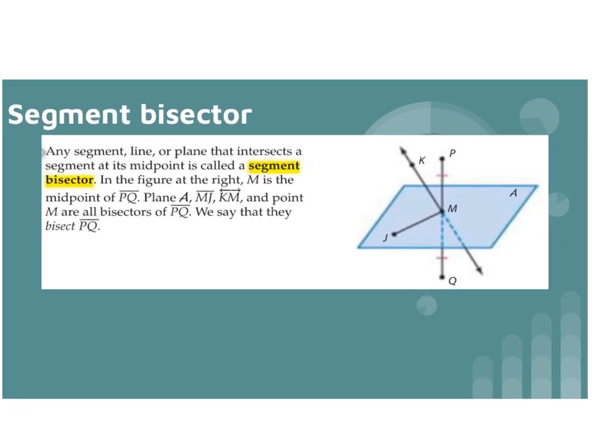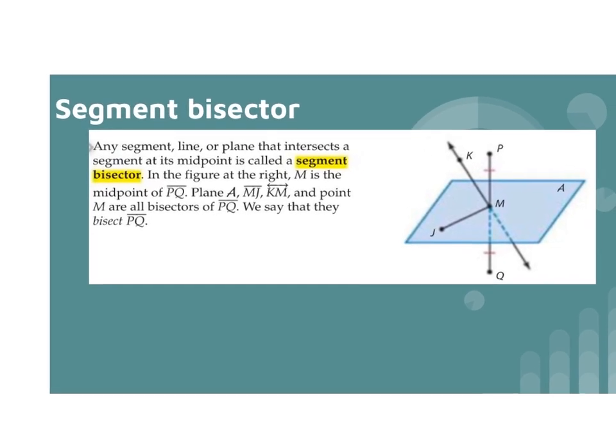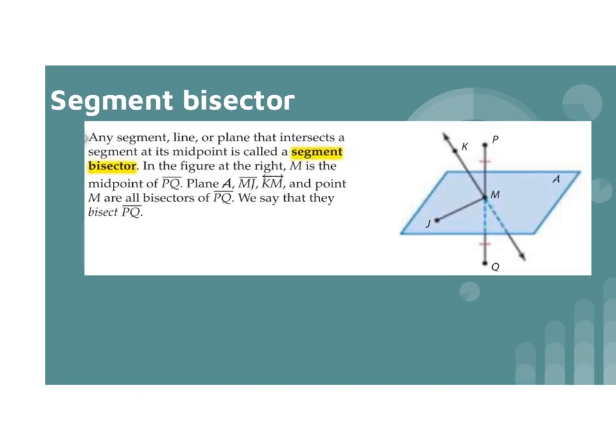One last vocabulary word that we're going to talk about is the segment bisector. So we learned about bisectors last lesson. We learned about angle bisectors. And like angle bisectors, segment bisectors are a line or plane that intersect the segment at its midpoint.